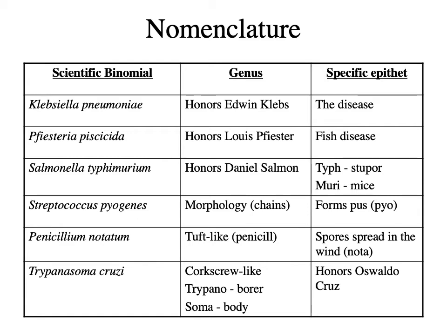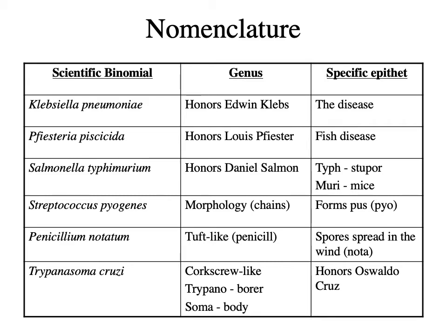But if you look at something like Streptococcus pyogenes, it tells you a lot about that bacteria. From the first part, the genus, which is capitalized, Streptococcus, you can see that it is coccus bacteria in a chain form. Strepto, remember, means chain. Coccus would be the little round bacteria. So round bacteria in a chain is Streptococcus.